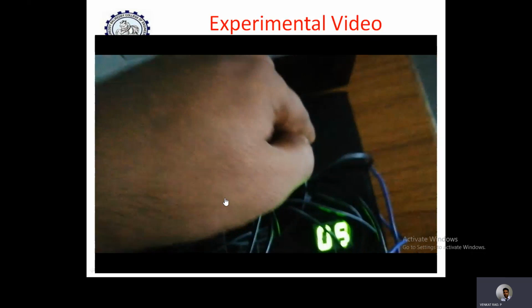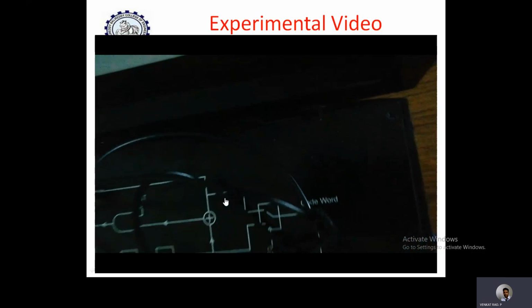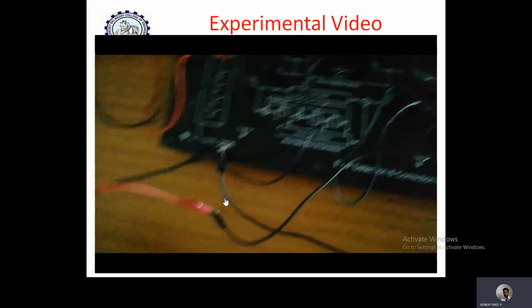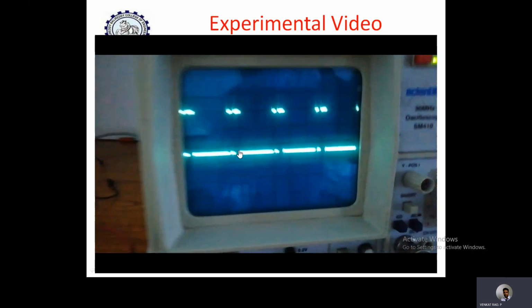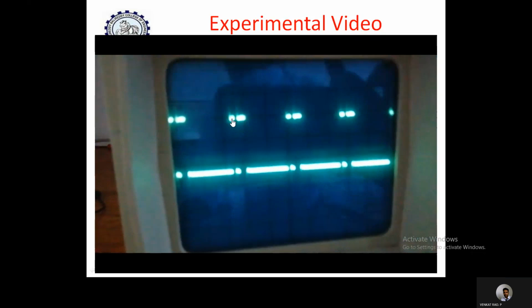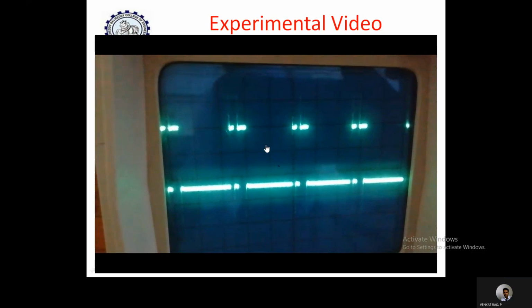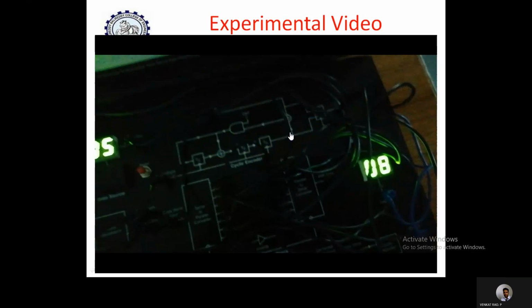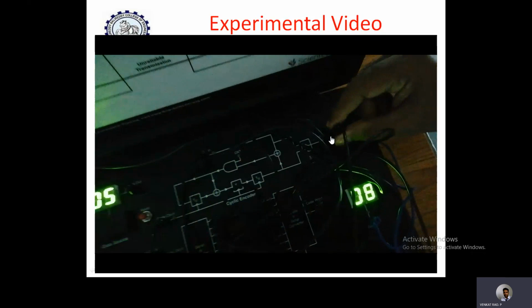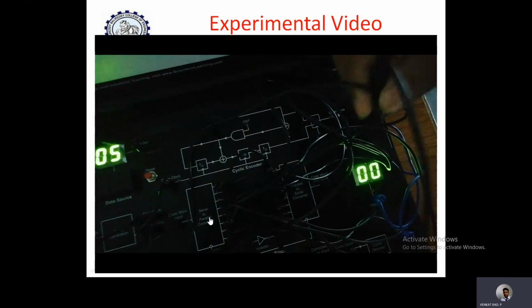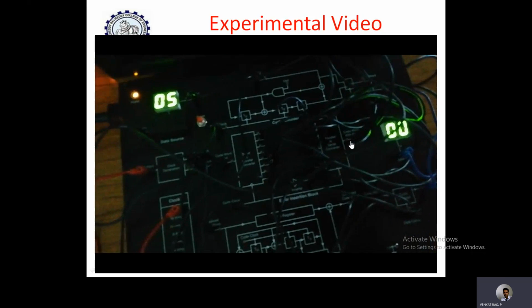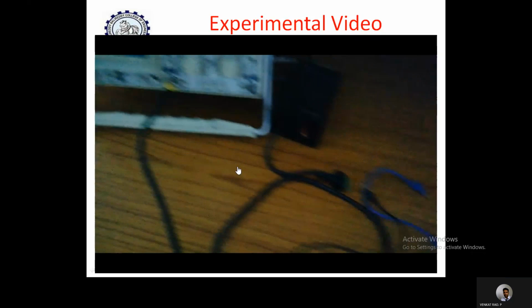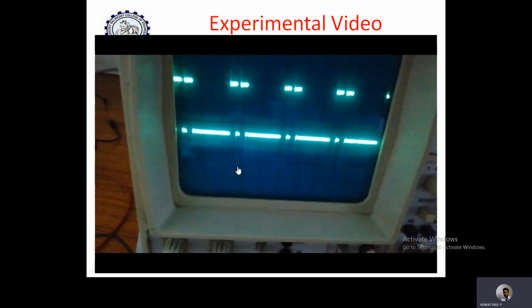For example, if you want to observe the code word, then connect that signal to the CRO probe, then you can clearly observe this is the output. So from this output, you need to observe the code word. Then this is connected to the serial to parallel converter, and the first bit is given as an error. Then observe the code word with error.